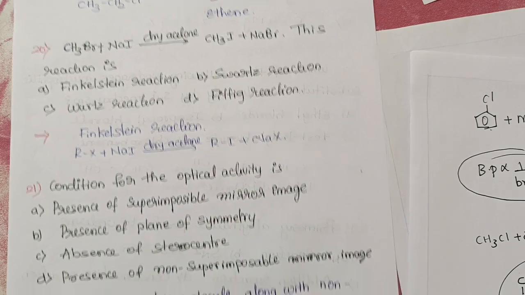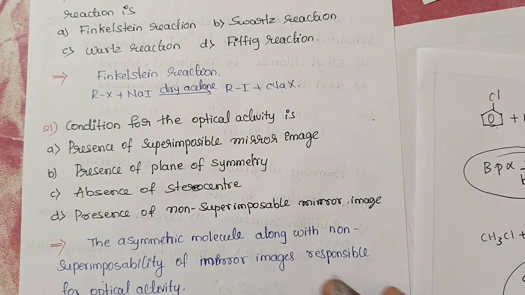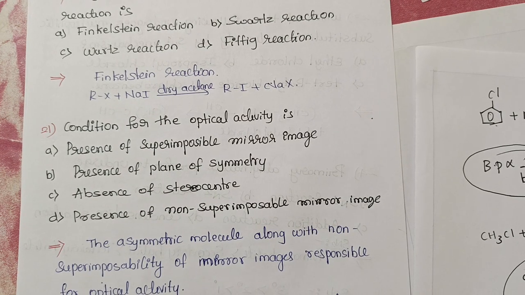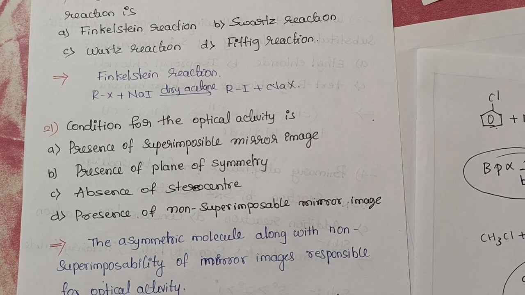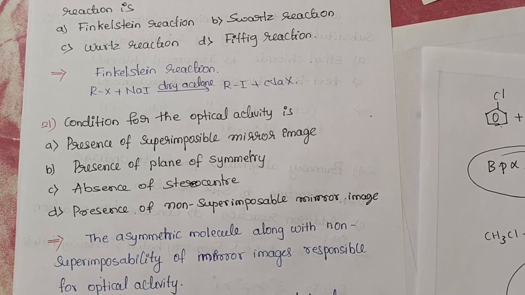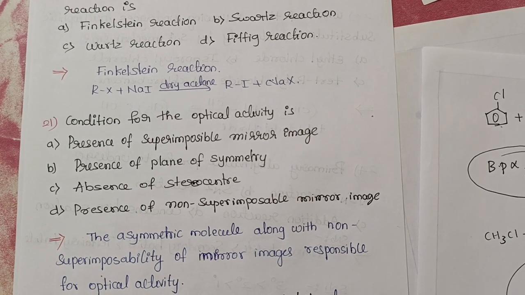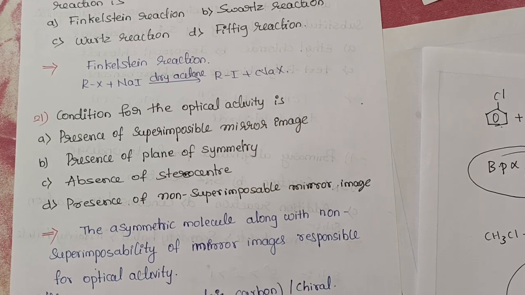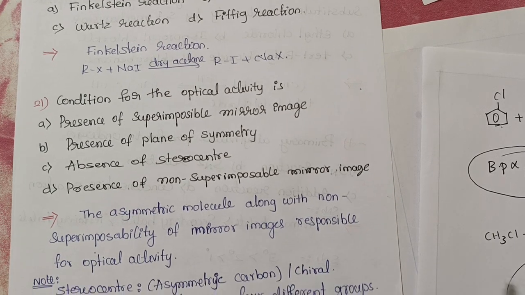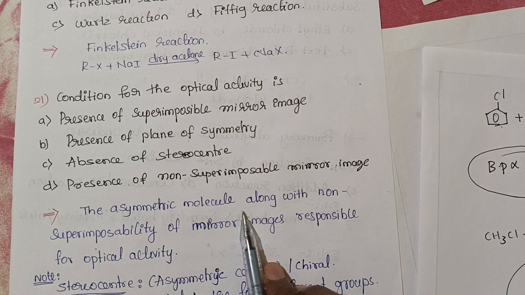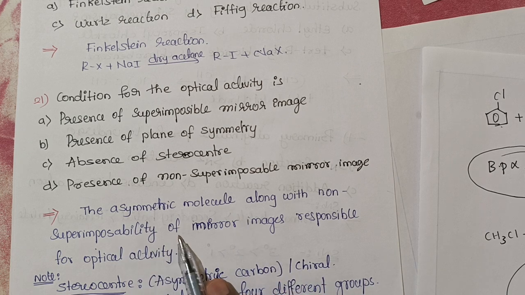Clear? Okay. The next one is the condition for optical activity. If you say this compound is optically active, it must follow some conditions. What are those conditions? Asymmetric molecules along with non-superimposability of mirror images. So the first condition is that it should be asymmetric and it should have non-superimposable mirror images.